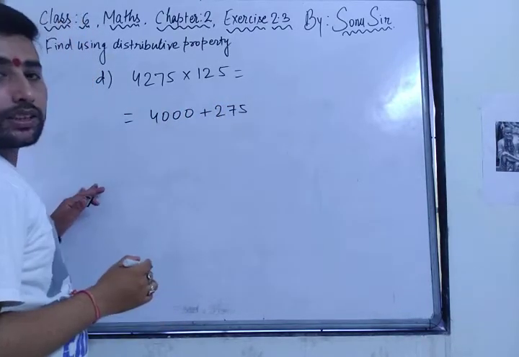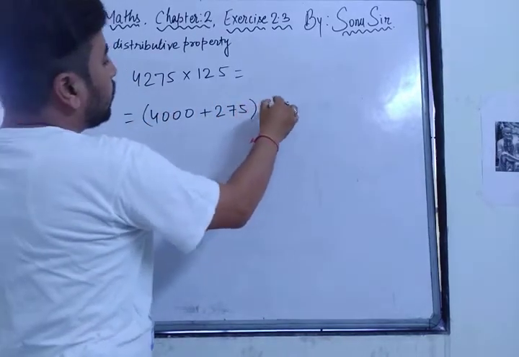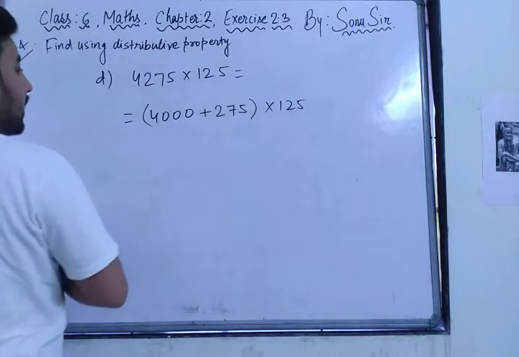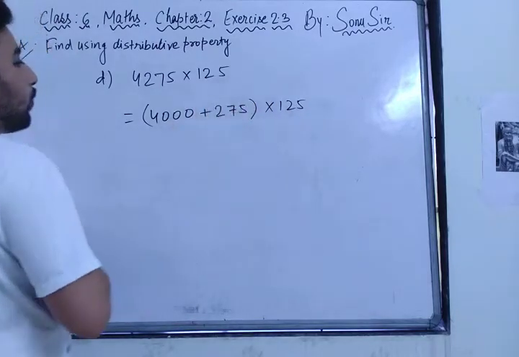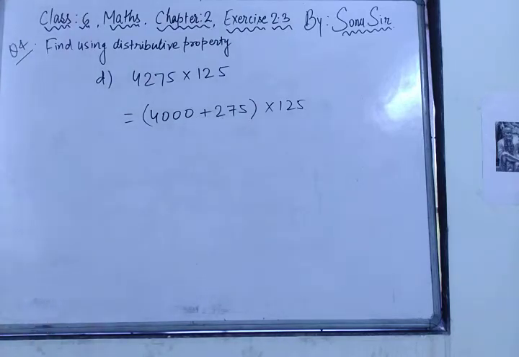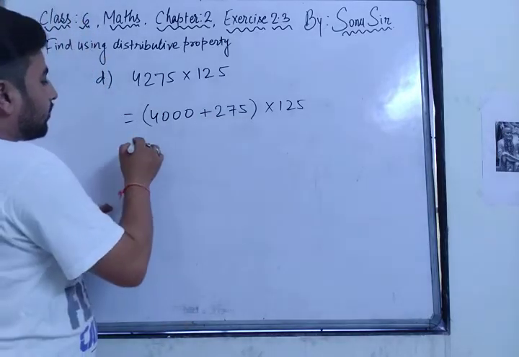Can we write this instead of 4275 into 125? If we write this, then it will be very easy. Why? Because first of all, we know the 4 table, right? Now instead of 275, can we do something? If you think about it, can we write 275 like that?